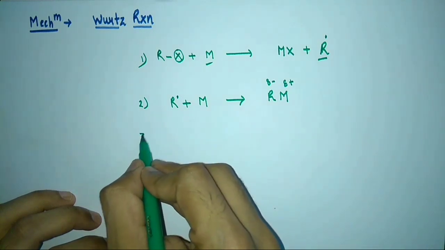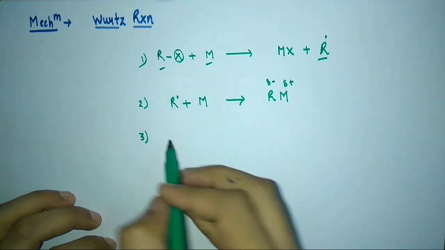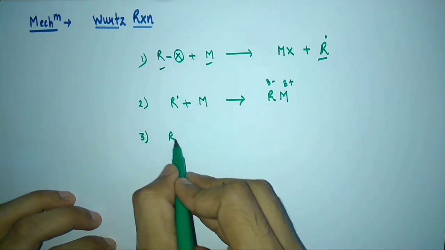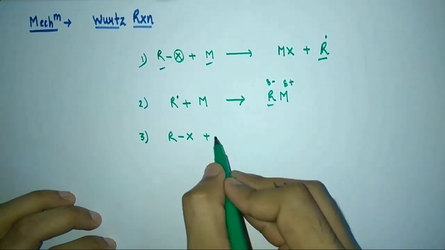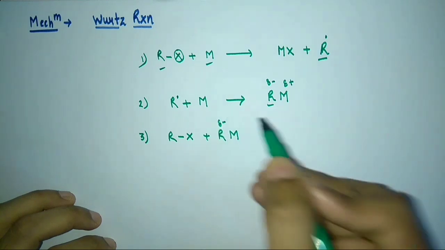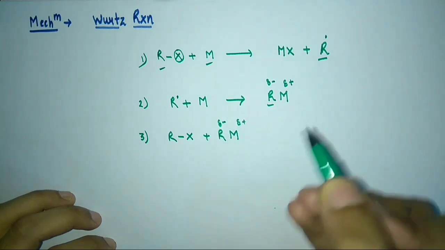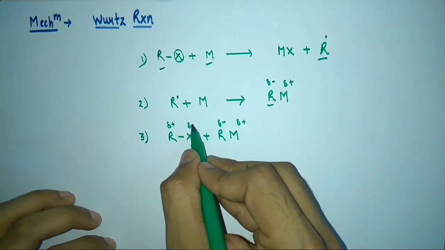In the last step, since we have another molecule of alkyl halide, this is the alkyl halide and this is our RM. It contains a partial negative charge and a partial positive charge, and the alkyl halide contains a partial positive and a partial negative.